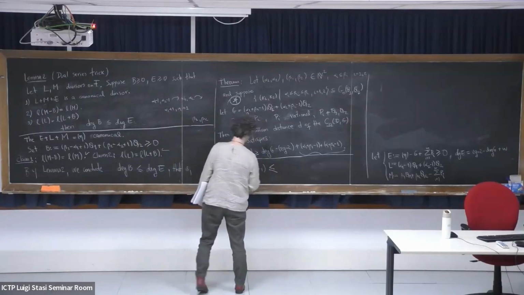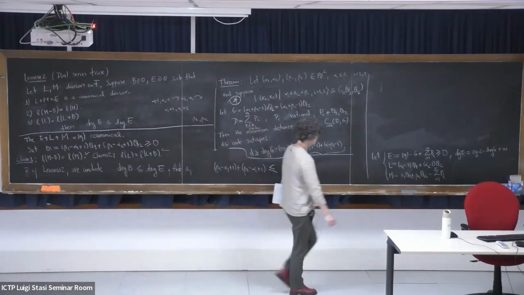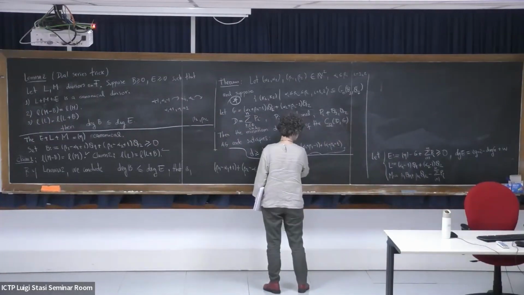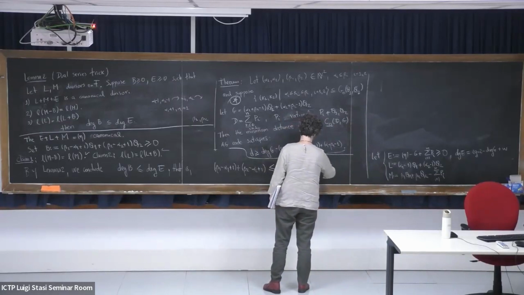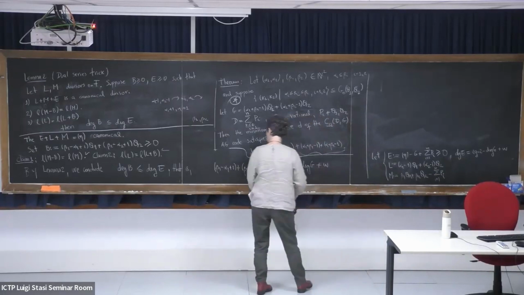So this is smaller than the degree of I. The degree of I is here, we have already computed it. So this is 2g minus 2 minus the degree of g plus omega. You see?